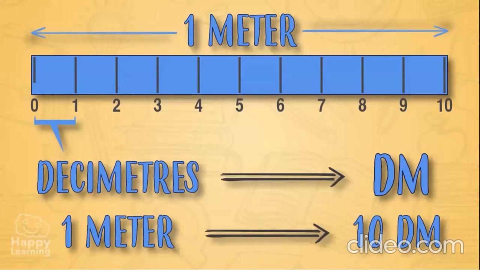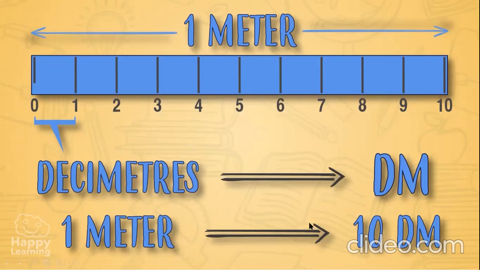Okay, perfect. But what would happen if we had to measure something smaller than a meter? What we need to do is divide a meter into equal small parts, and we call each of these decimeters, which are represented by dm. So 1 meter has 10 decimeters.